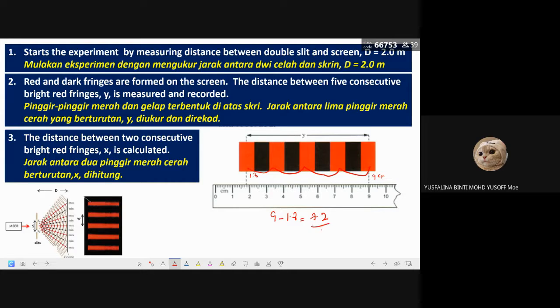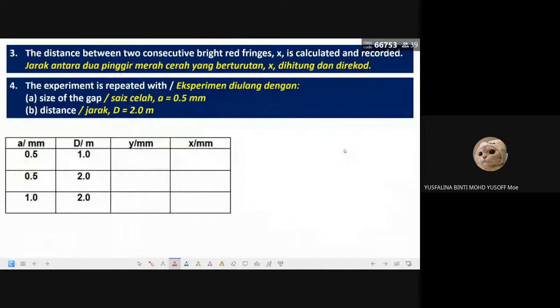So you divide by 4 and you will get 1.8. So from one bright red fringe to the next is 1.8, and this one to this one also 1.8, and so on. We will learn later how to calculate this.